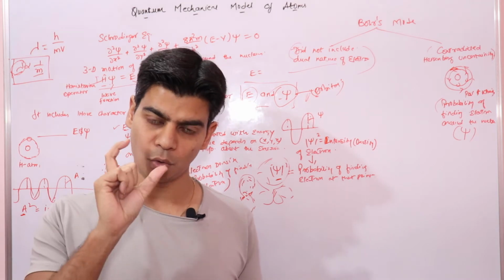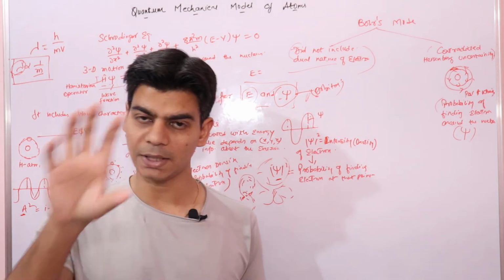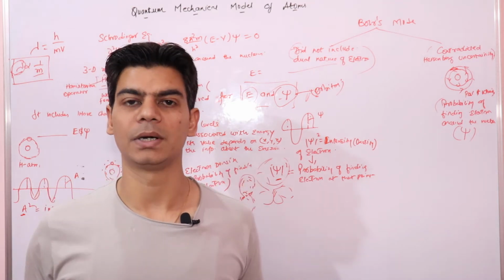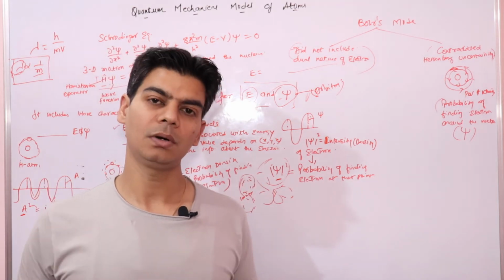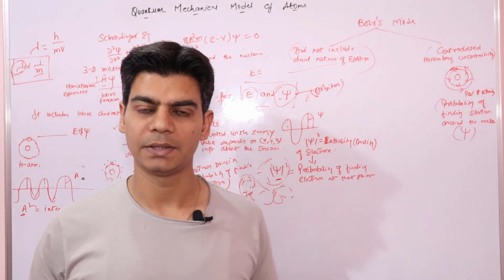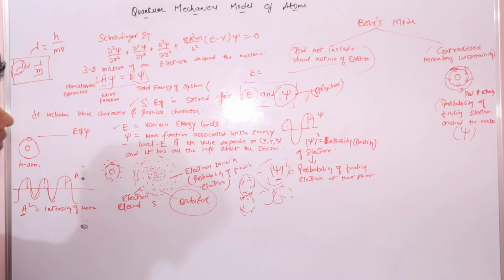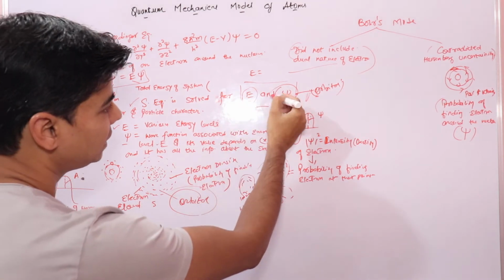It's those atoms or ions that contain 1 electron in their orbit. Those are your hydrogen-like atoms.